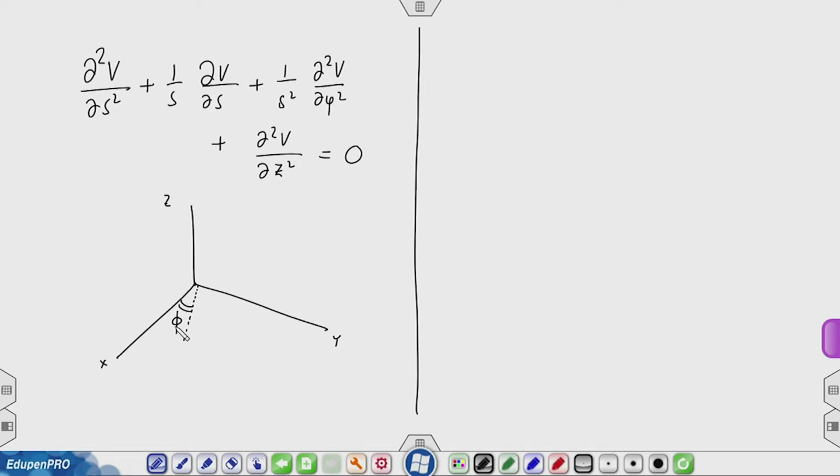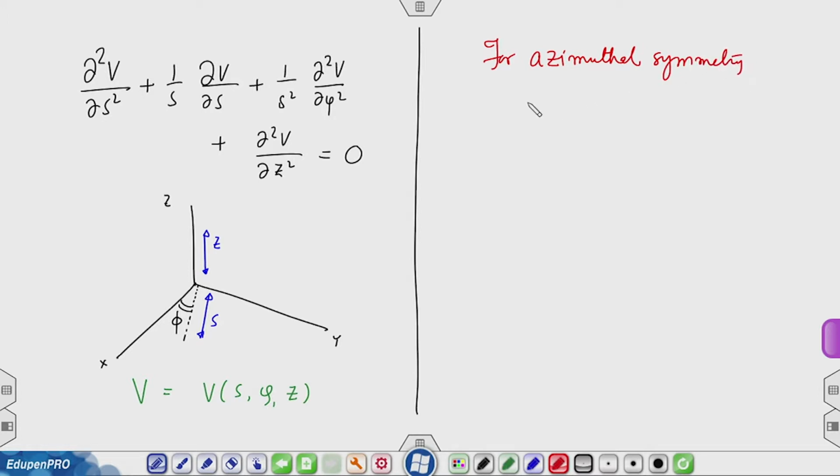The distance from the origin in the xy plane is s, and z coordinate is the regular z coordinate. And the potential V is a function of s, phi, and z. For azimuthal symmetry, there is no phi dependence.